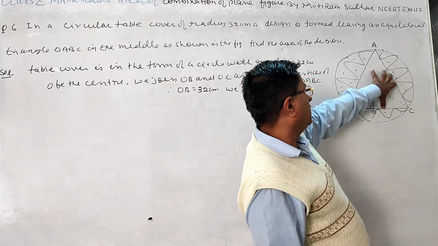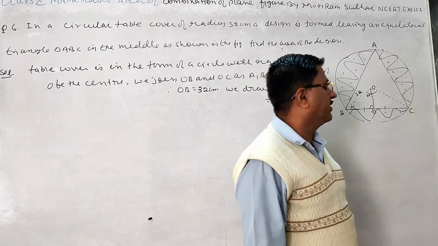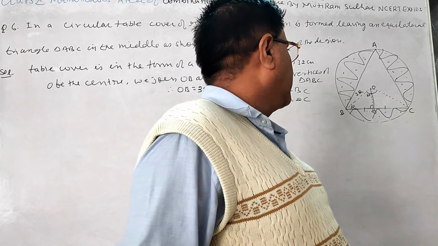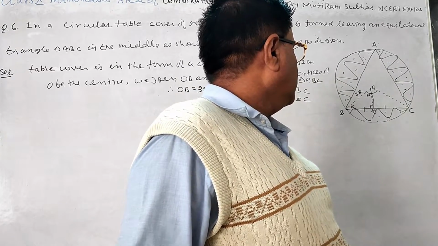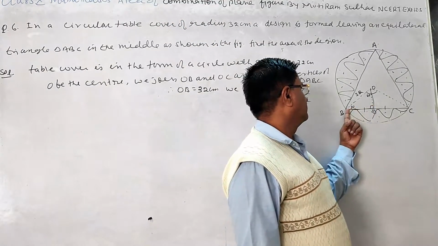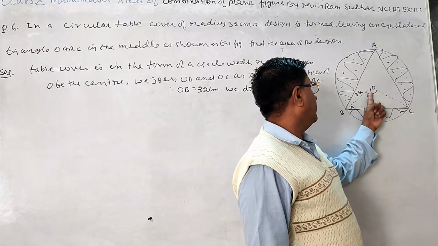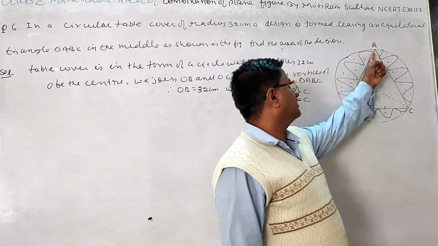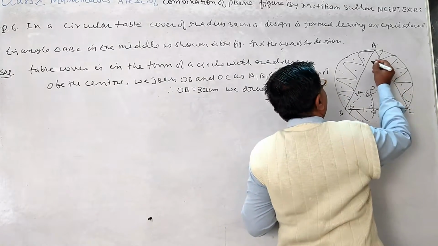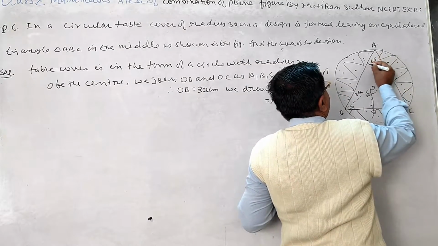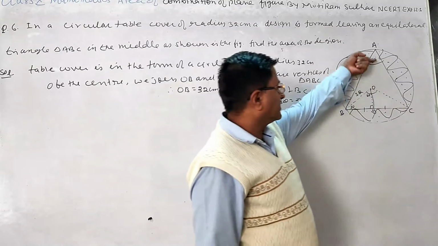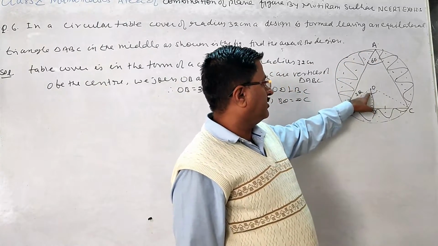To find the area of the triangle, and this is given an equilateral triangle, to find the side of this equilateral triangle we have to use the theorem that the angle formed at the center is twice the angle at the remaining part. So it is an equilateral triangle, that's why angle A will be 60 degree, and the central angle will be double of this, that is 120.